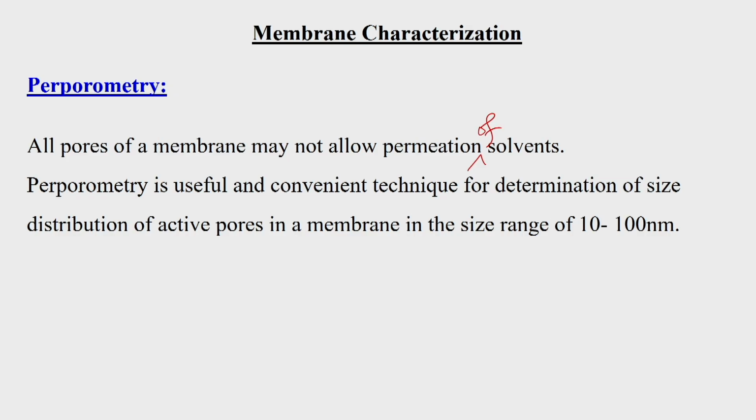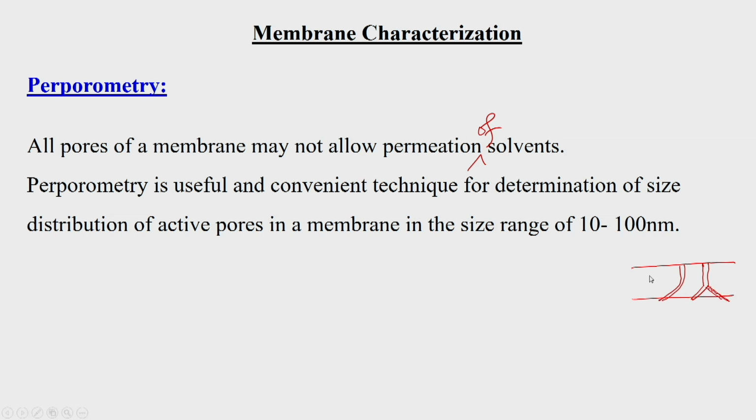And another characterization is porometry. All pores of a membrane may not allow permeation of the solvent. Maybe some of the pores may be dead. Suppose this is the membrane, and the shape of the pore is like this, or sometimes this pore has bifurcated, or maybe this part is damaged, suppose this part is now dead.